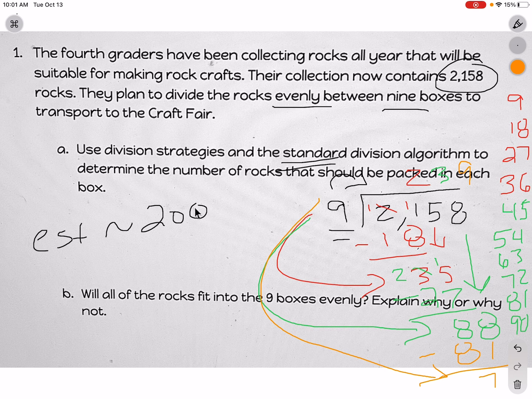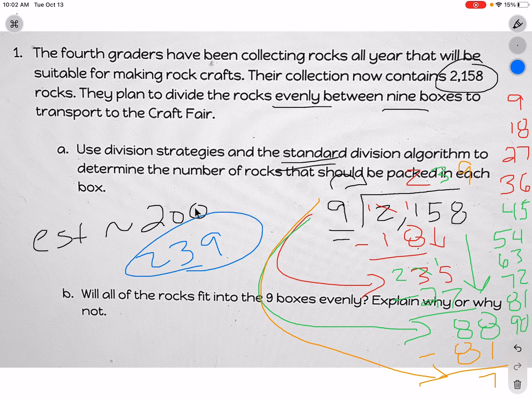Okay. Well, you should have talked about this with your elbow partner and worked through this. You should have come up with the answer to this problem is 239. You can fit 239 rocks in each box evenly.